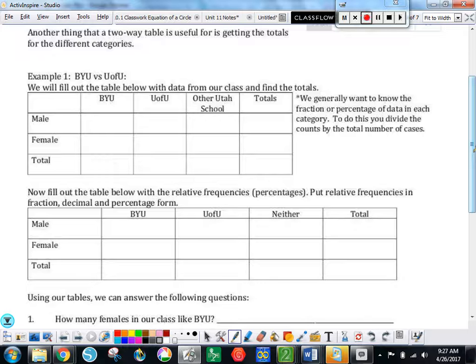I counted 12. Okay, the count is 12. Now, gentlemen, you need to choose if you are a BYU fan, a University of Utah fan, or another Utah school fan.